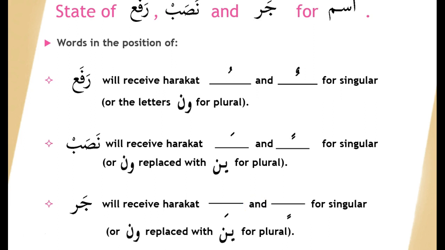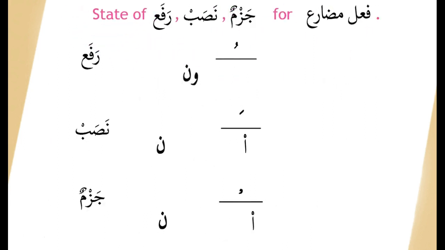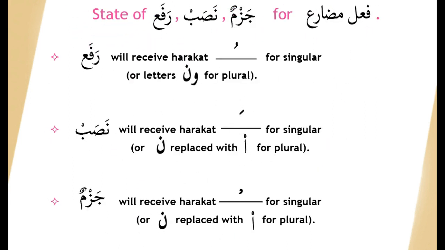Isim will only take the states of rafa, nasab, and jar. In the case of fi'l mudhari, it will take the state of rafa, meaning it will receive the dhamma for singular and waw nun for plural. The term mudhari actually means resembles.